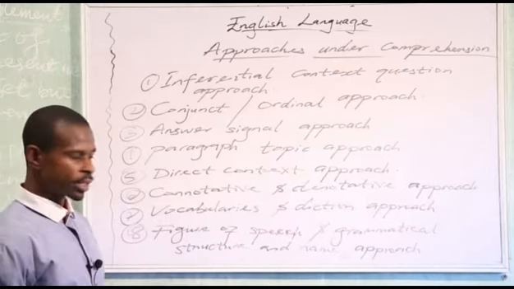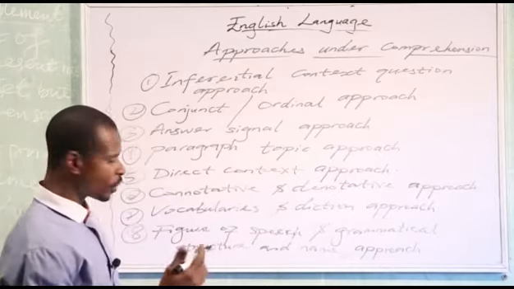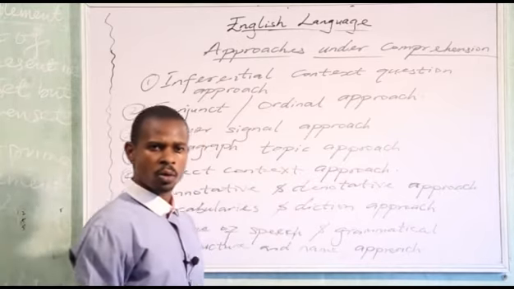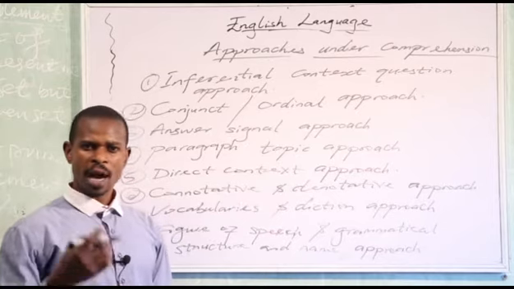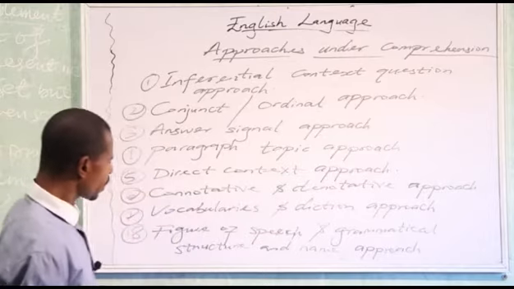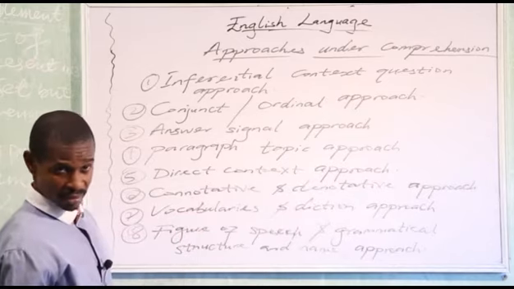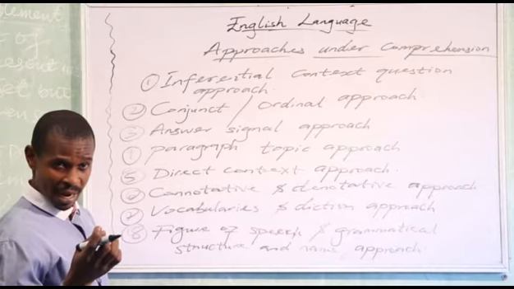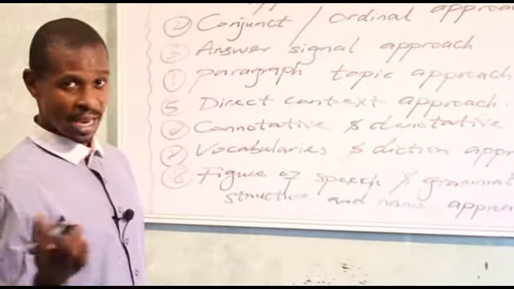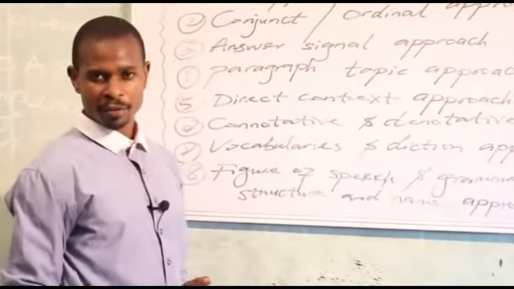Figure of speech: the literature students will know what figures of speech we have. Let me just mention a few. We have simile, metaphor, apostrophe, hyperbole, oxymoron, and so on and so forth. The common figures of speech that they do ask are simile, metaphor, irony, then hyperbole, that is exaggeration. So you have to be familiar with all the figures of speech that I have mentioned.